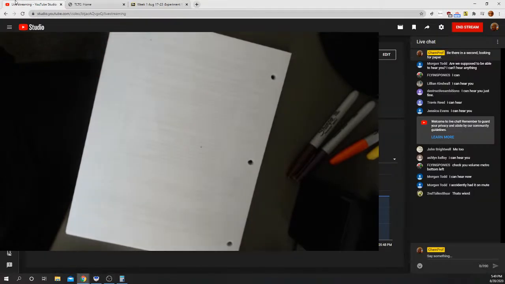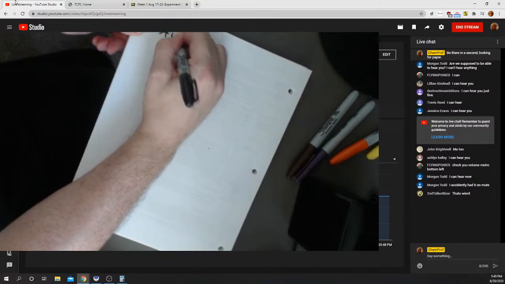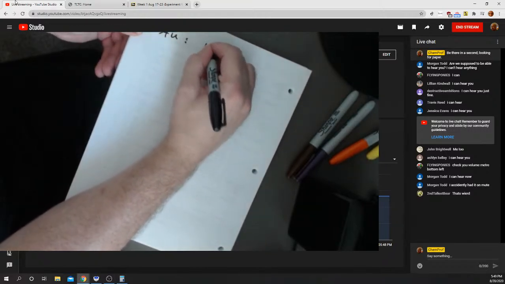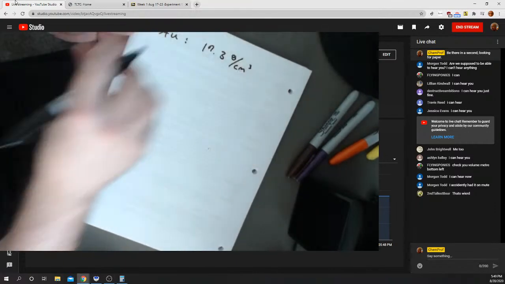Oh, yes, dimensional analysis. Basically, dimensional analysis is a way to help with problem solving, to look at the information you have and try to get to the information you want. So gold has a density of 19.3 grams per cubic centimeter.